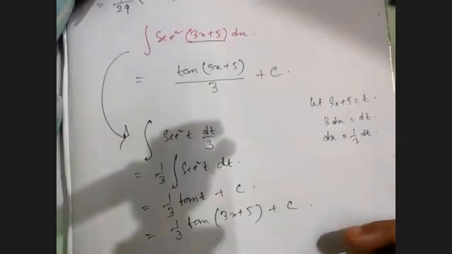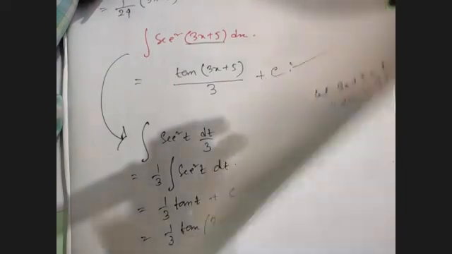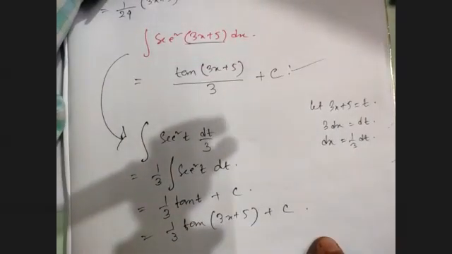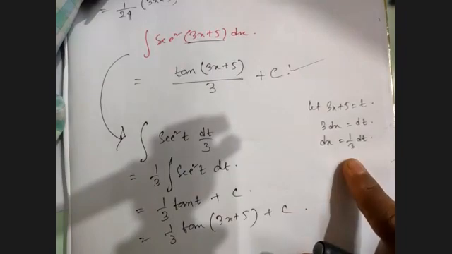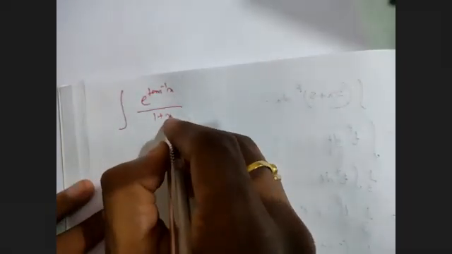So for this type of problem, you can do it directly, but few problems you will get where you cannot do it directly. That time you have to substitute compulsorily. Like if I give this one, integration of e to the power tan inverse x by 1 plus x squared dx.